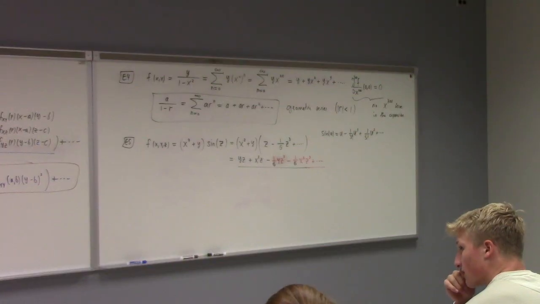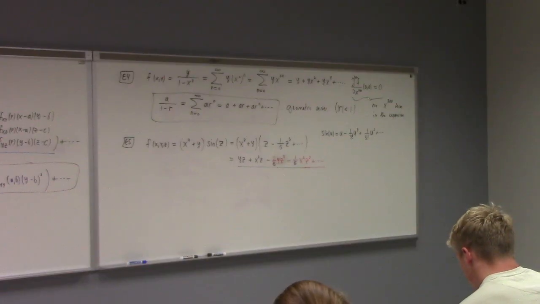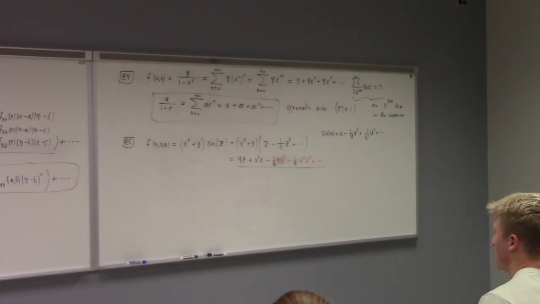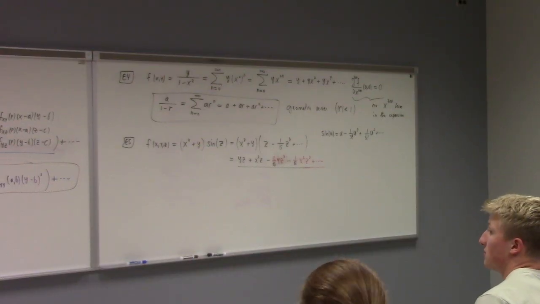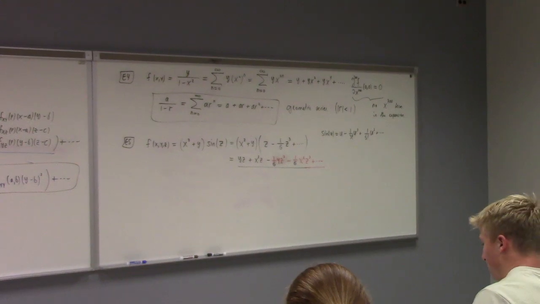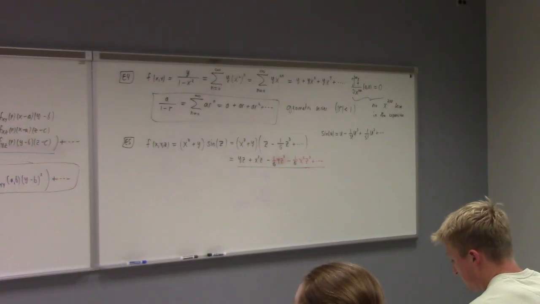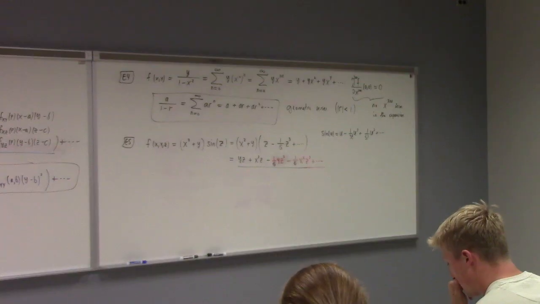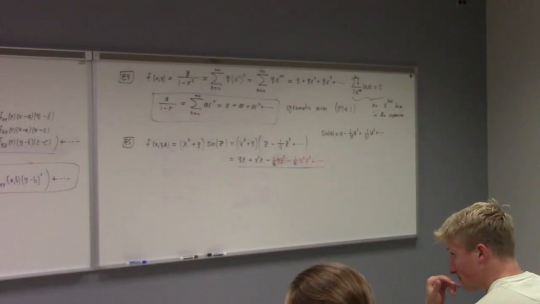Let's try another one. Maybe I can not make a dumb error this time. Example 6. What if we were up against, let's say, f of x, y equal to the sine of 1 plus x squared plus y squared.